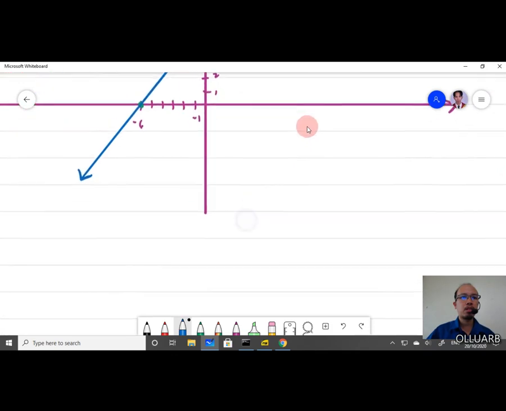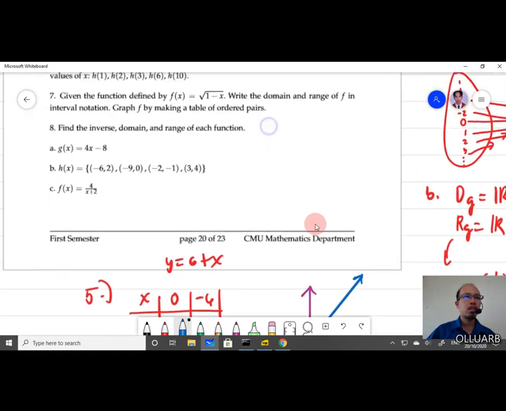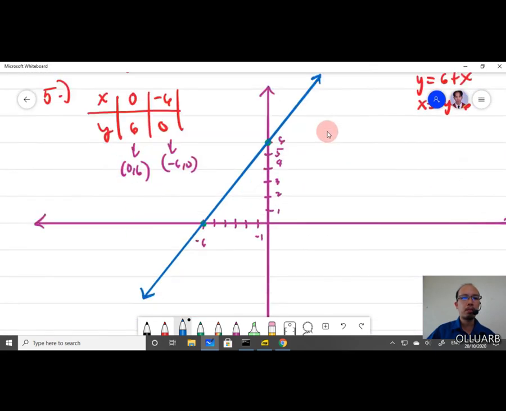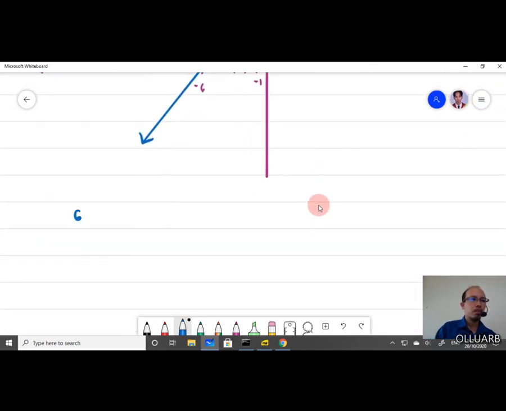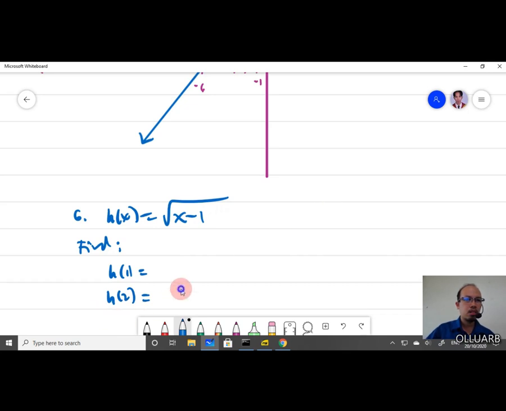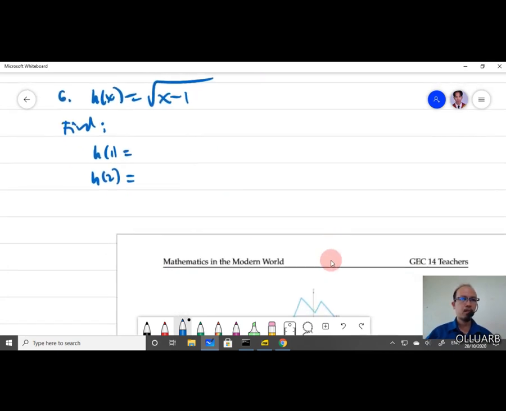So the problem is the square root of x minus 1, and you are going to find h of 1, h of 2, h of 3, h of 6, and h of 10.